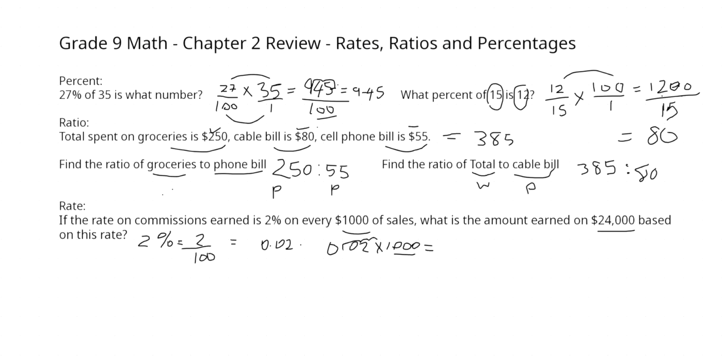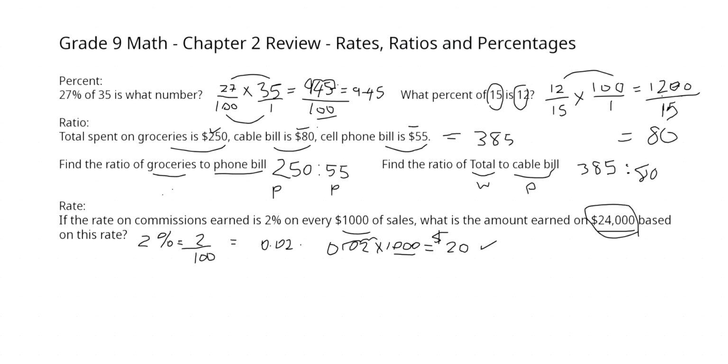So if we know that $20 is earned on $1,000, how many $1,000 do we have in 24? If you say 24, the answer is correct, because we have 24 $1,000 here. So the simple math is 20 multiplied by 24.